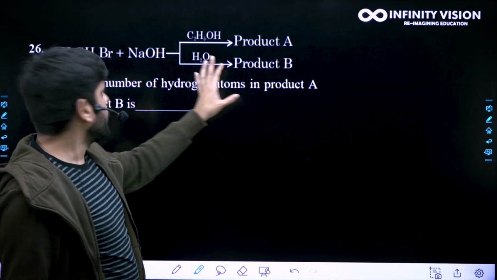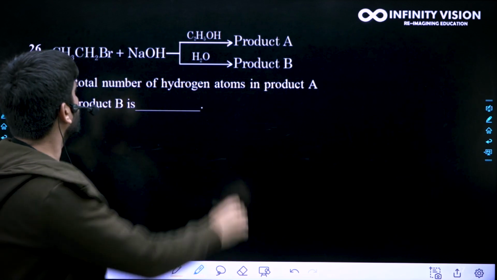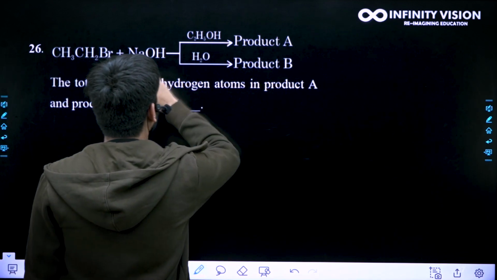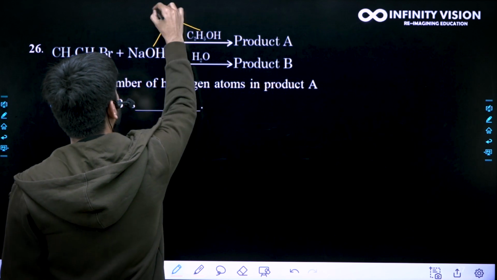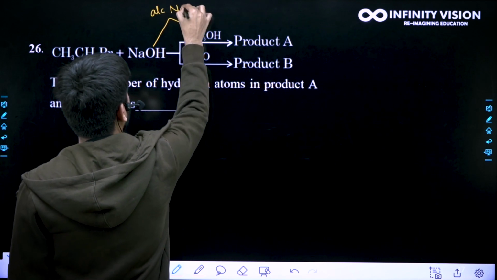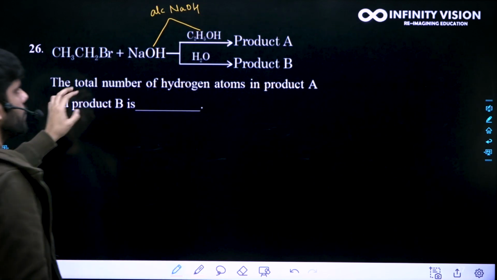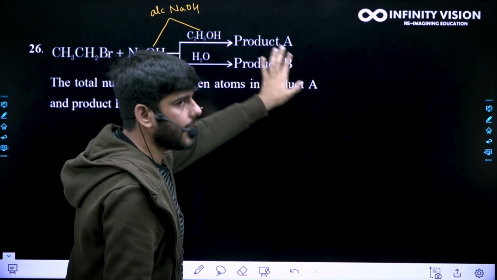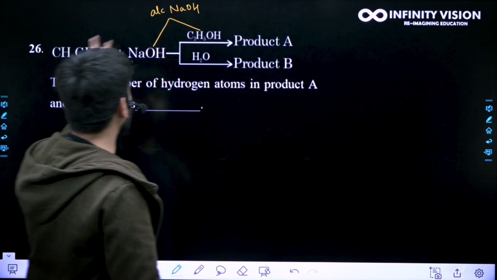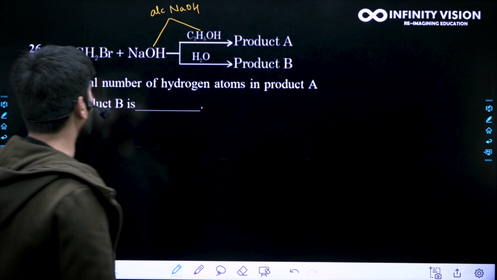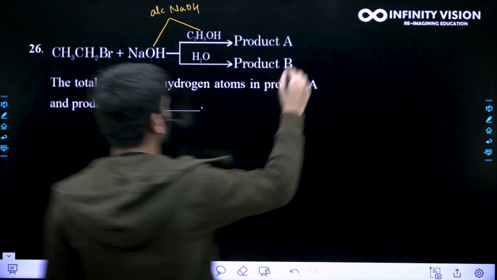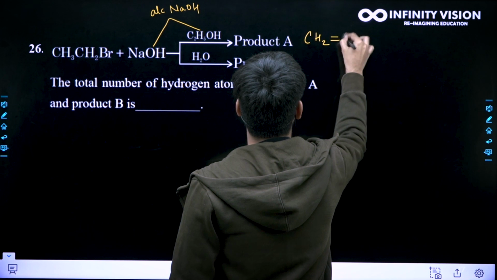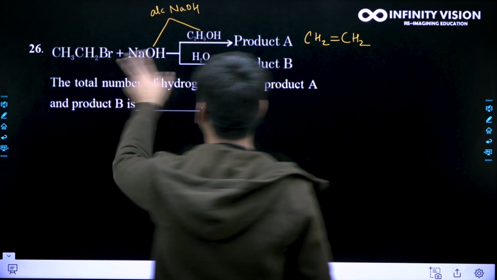Again, a set of reactions. Now, NaOH and alcohol, this is basically alcoholic NaOH, right? So that means product A is an alkene, which is formed by the dehydrohalogenation of this alkyl halide. So what do we get? We get CH2 double bond CH2. This is the elimination product.